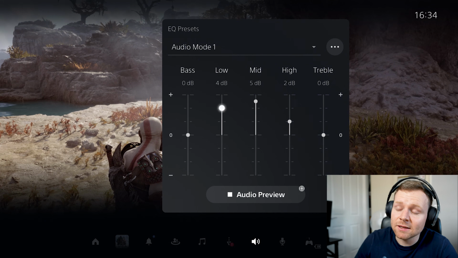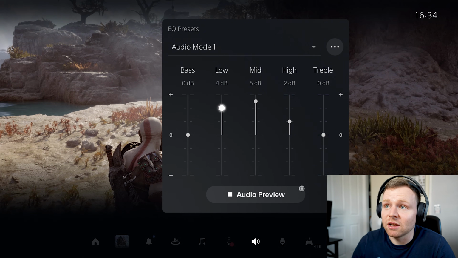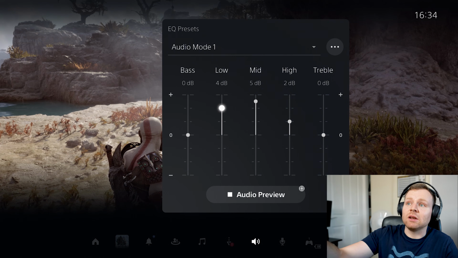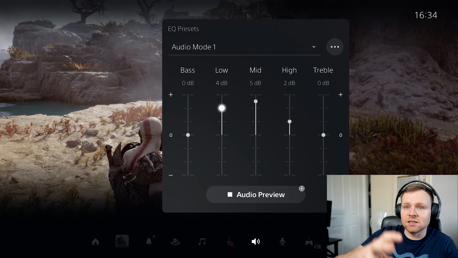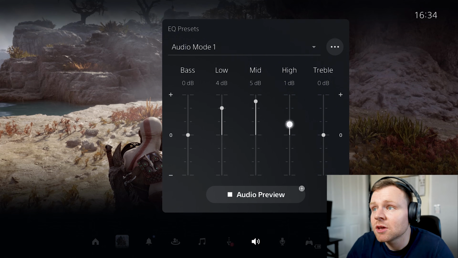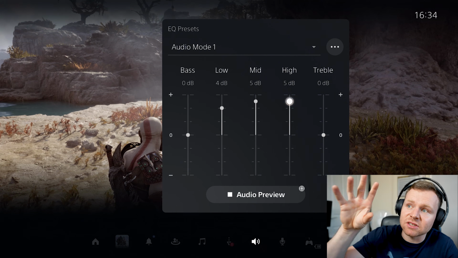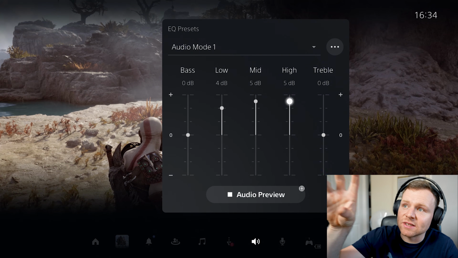This is why my preferences are going to be a lot different to a lot of other people's. When I was making music, I would prefer things more on the darker, deeper, lower side of things, not a brighter sound. But also adding more highs is going to add more clarity to the sound.